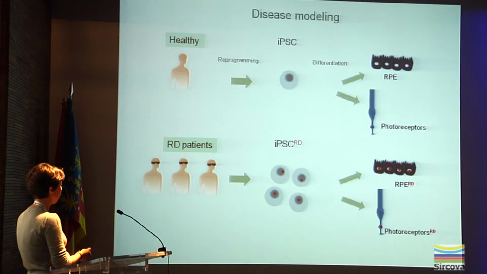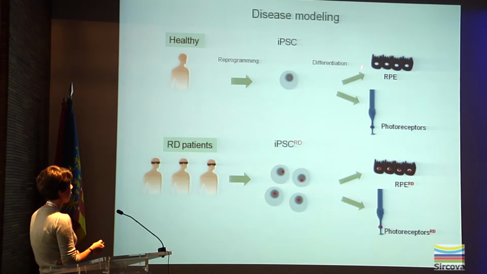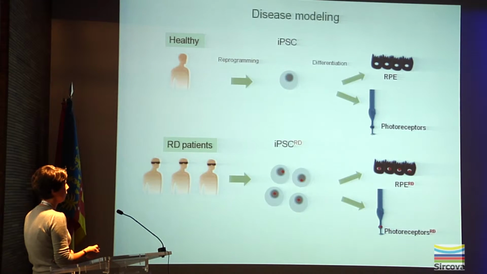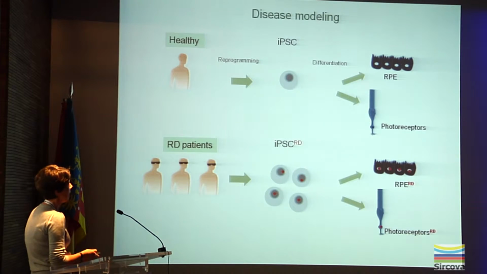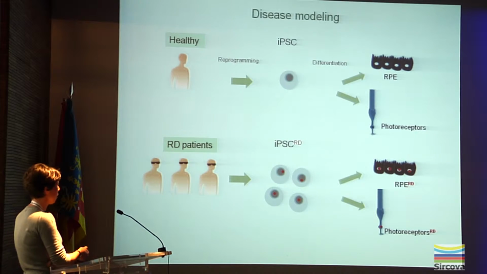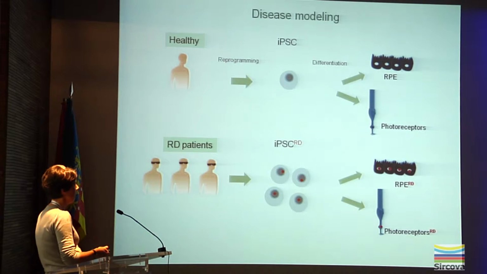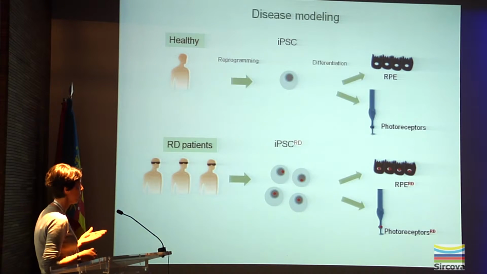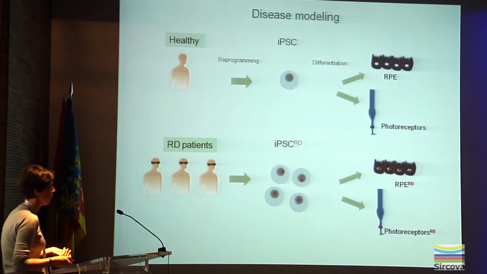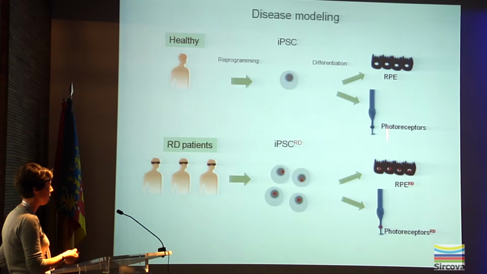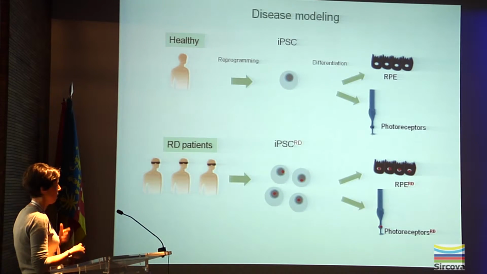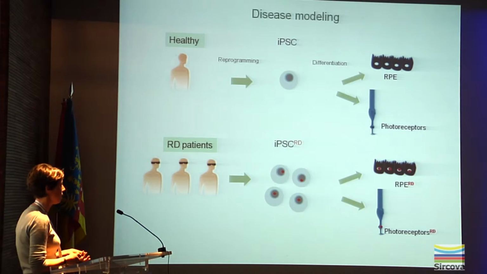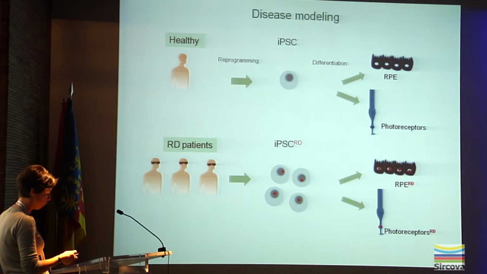After a differentiation process, we differentiate these iPS cells into normal RPE and normal photoreceptors. However, if we differentiate iPS cells bearing a genetic defect, we get RPE cells and photoreceptors with a genetic mutation. However, the disease phenotype is going to be expressed only in one of these two cell types, depending on which gene is causing the degenerative disease.